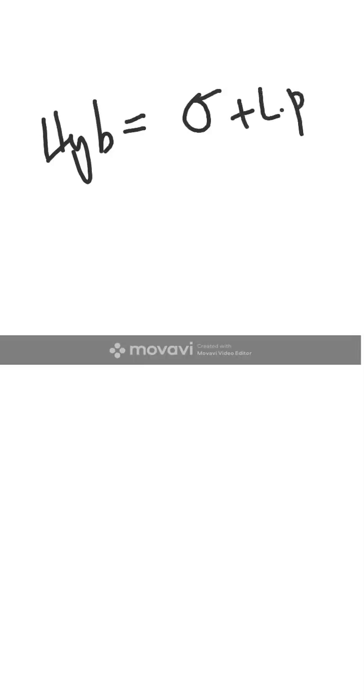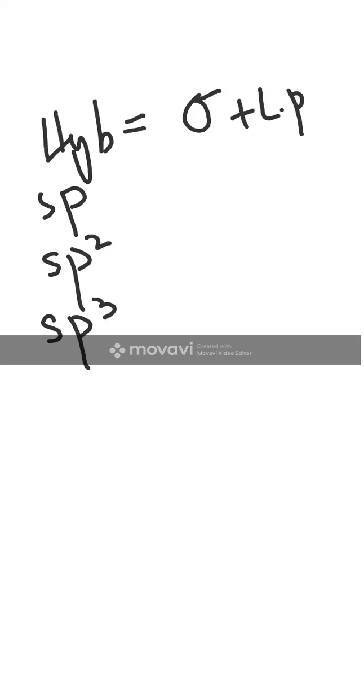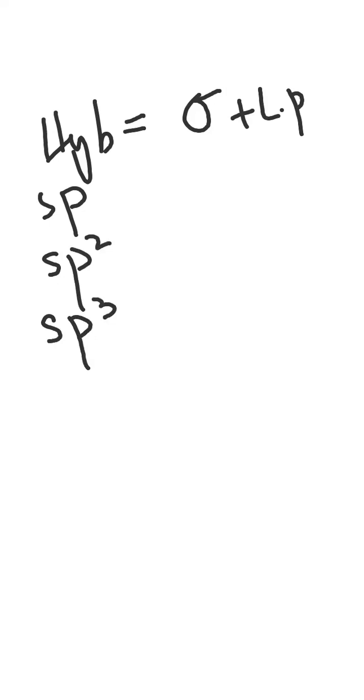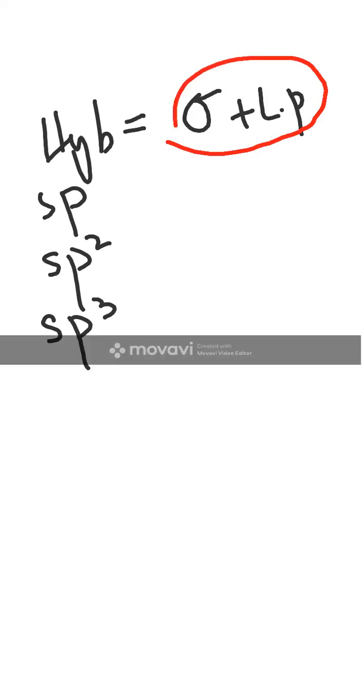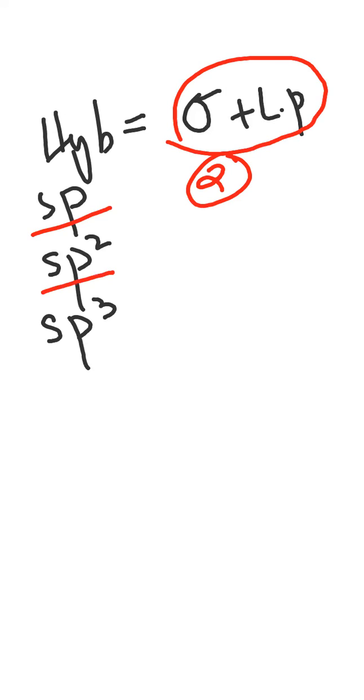Hybridization हमारे पास कौन सी है? sp, sp2, sp3. So if the sum of lone pair and the sigma bond is 2, means 2 orbital, means sp. Simple. Let me write it like this.